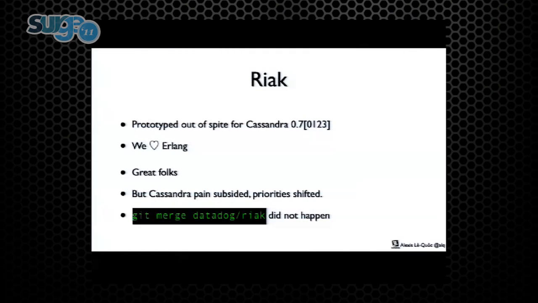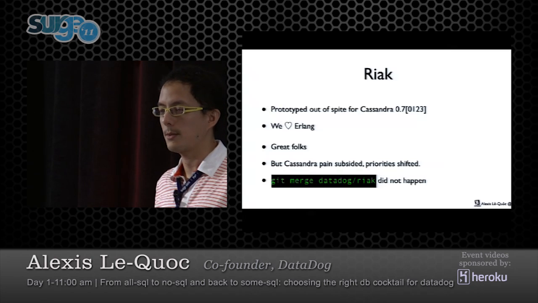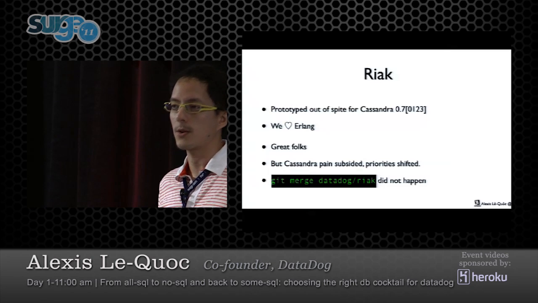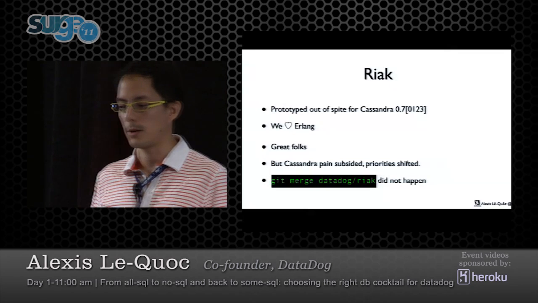One thing I want to say about Riak: we actually prototyped the system on Riak after two or three versions of Cassandra, or out of spite of Cassandra, basically. We were like, it doesn't work, let's switch. We happen to love Erlang, and the Basho people are great.